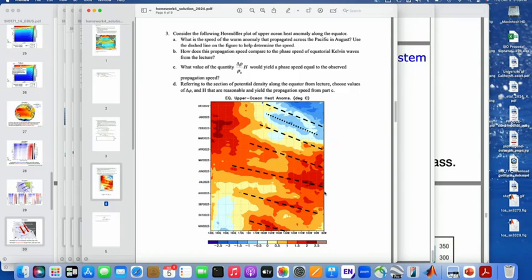We got 2.56 meters per second. It sounds plausible. 1.23. Well, you're off. You guys are off by a factor of 2. How could that be? Should I peek at what mine is? I don't remember what I got. I don't want to influence anybody. I'll show it to you.